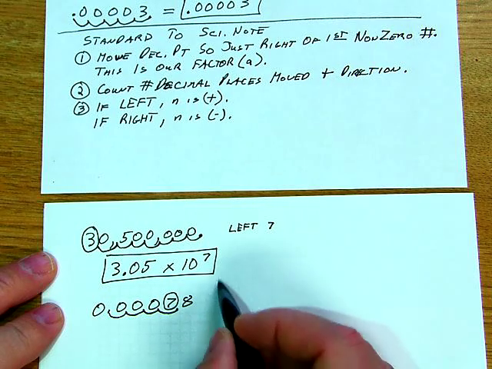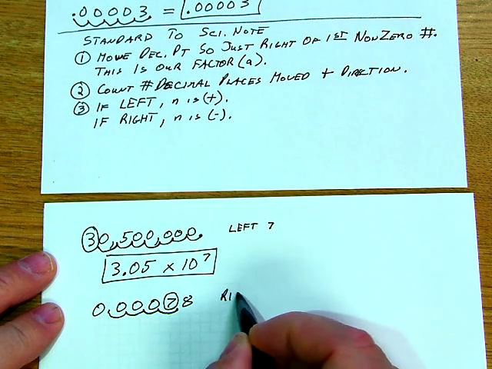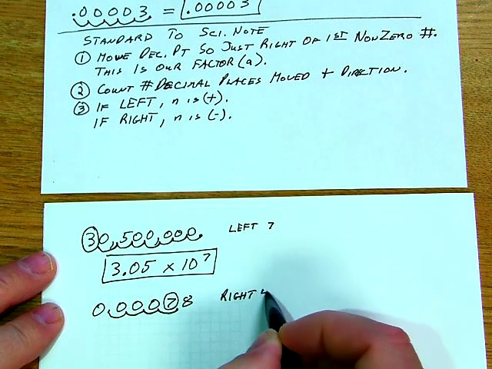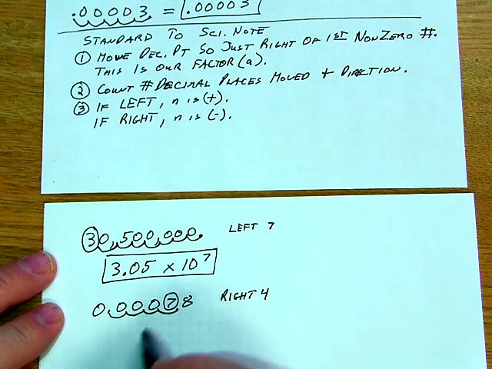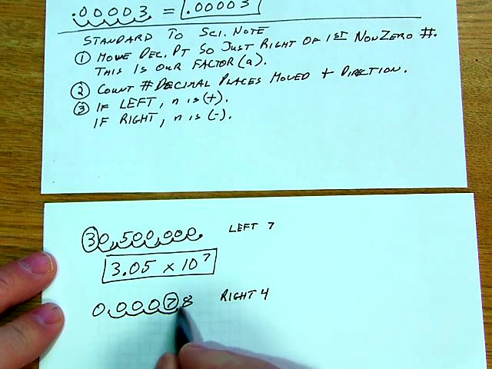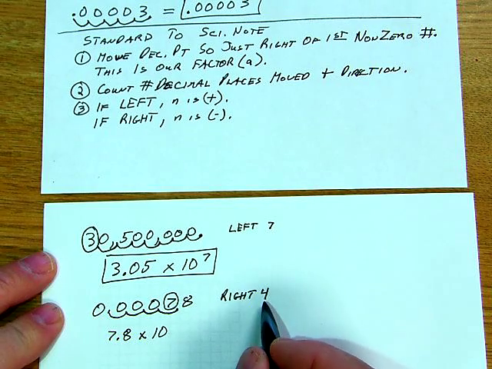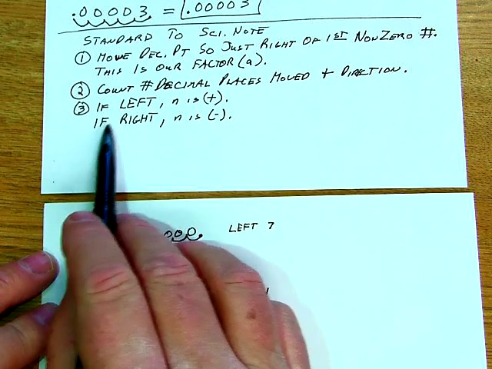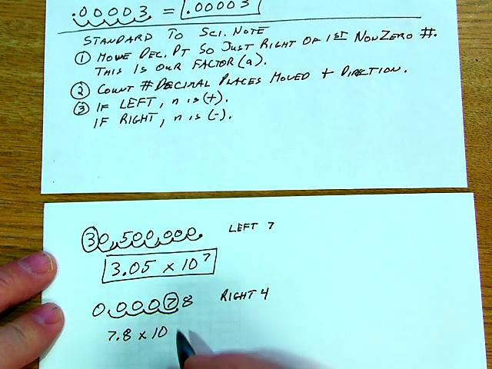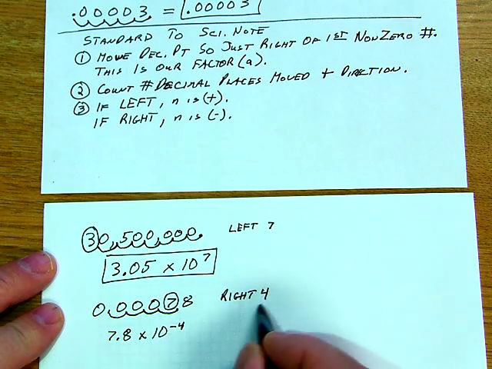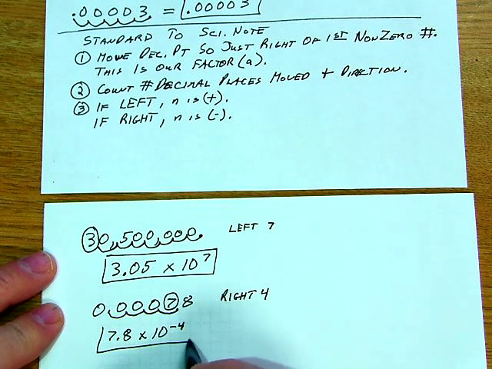I moved right 4. So my new factor, or my new A value, is 7.8 times 10, and I moved right, which means my rule here says if right, then n is negative. Negative 4, and that is the scientific notation of that number right there.